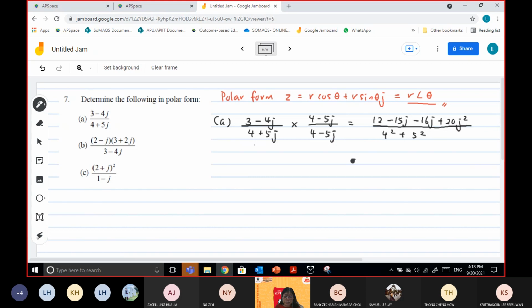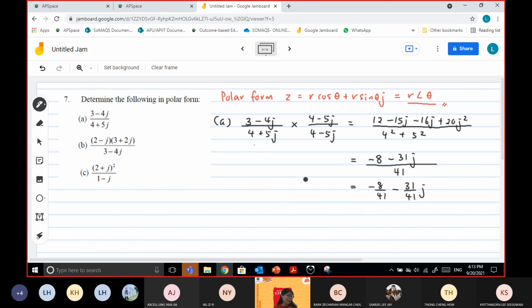So the bottom, you have 41. At the top, 12 minus 20 is minus 8, then minus 31j. So we will have minus 8 over 41 minus 31 over 41 j.